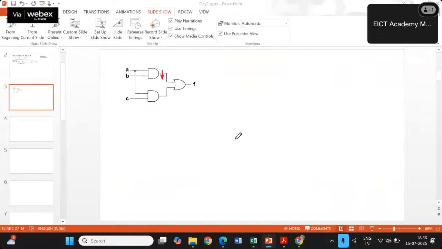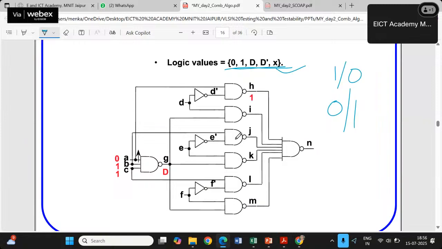Now keeping those things in mind, let us consider this case. This is an example. Here A is stuck at 1, after the branching, after the fan out. If this is stuck at 1, how can I activate that?